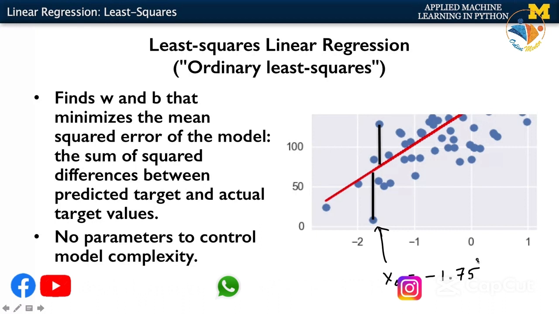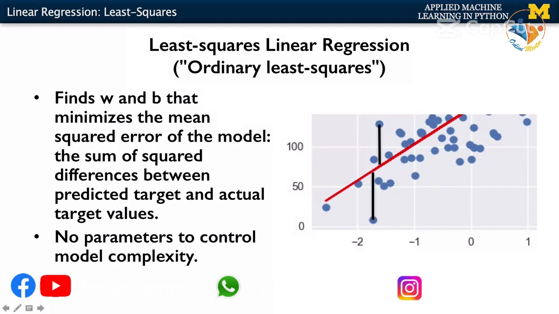And if we plug it into the formula for this linear model, we get a prediction here at this point on the line, which is somewhere around, let's say, 60. But the actual observed value in the training set for this point was maybe closer to 10. So in this case, for this particular point, the squared difference between the predicted target and the actual target would be 60 minus 10 squared.